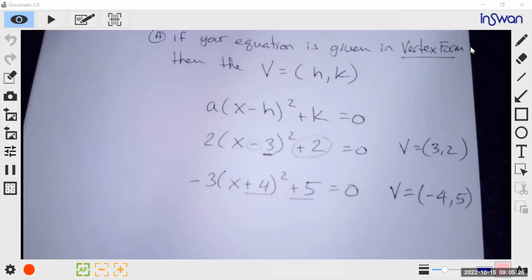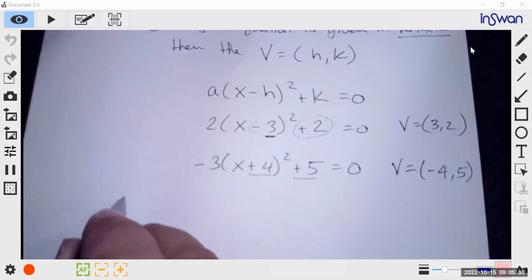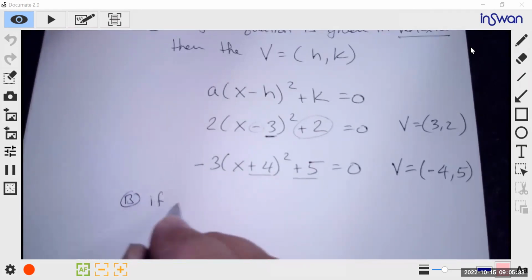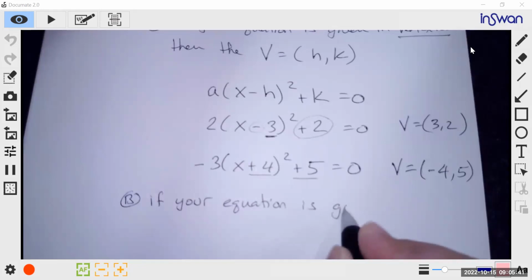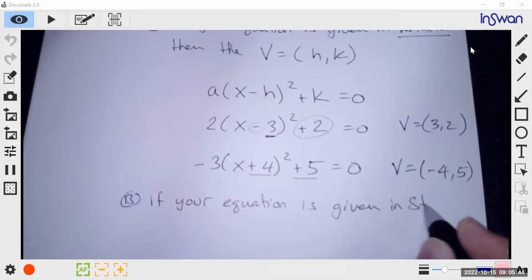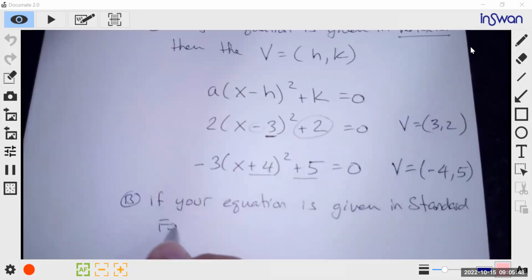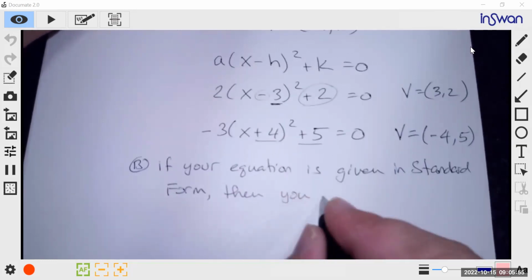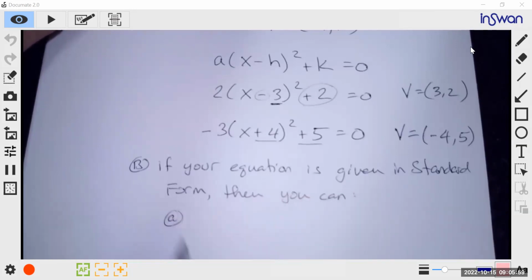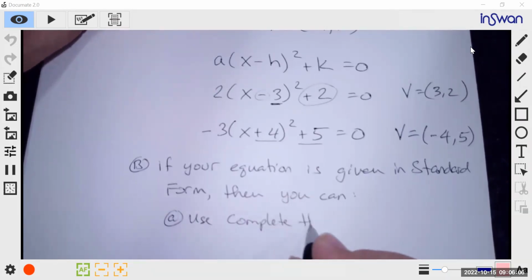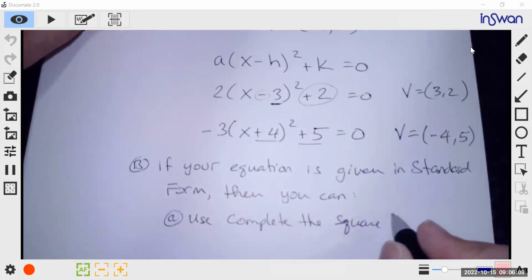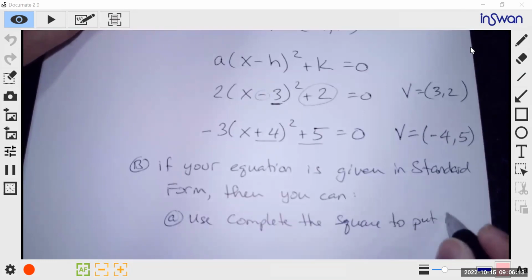If it's not given to you in vertex form, if your equation is given in standard form, then you can use complete the square to put it into vertex form.